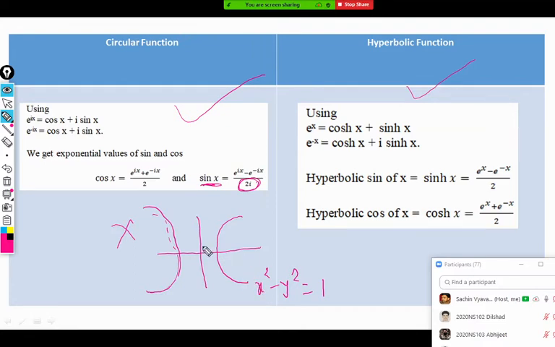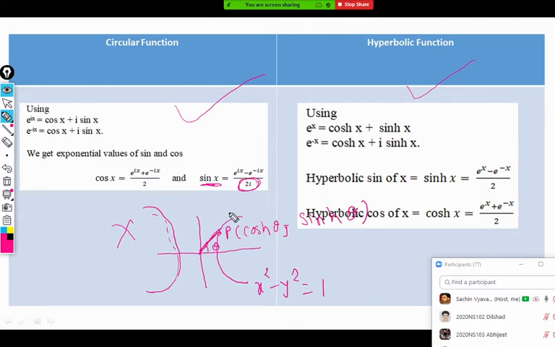Now if you take any point P, the coordinates of that point can be written as cos hyperbolic theta, comma, sin hyperbolic theta. Generally they satisfy the equation cosh square theta minus sinh square theta is 1. So the value of x is cosh theta, where theta is the angle made with the x-axis.